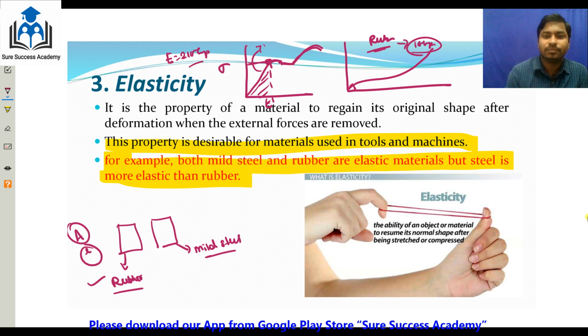Just see, this is the elastic point of rubber, and after that, the post-elastic deformation is more. So remember that mild steel is more elastic than rubber. They are asking that.